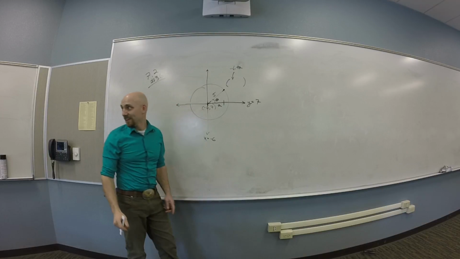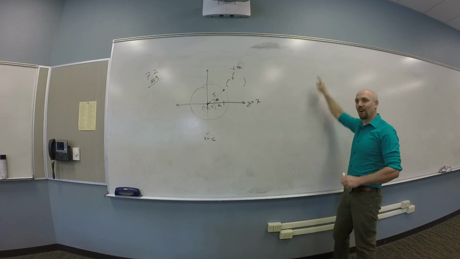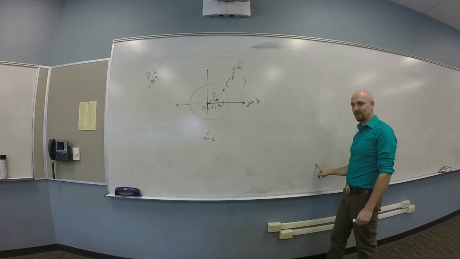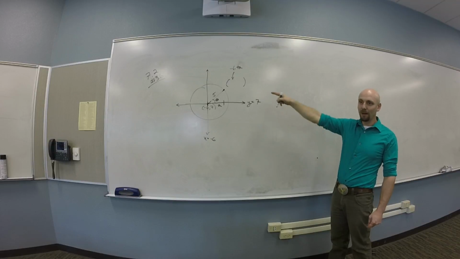Why? If you think about starting at the origin, someplace over here is 0, 0, because I went back 6 and up 7.